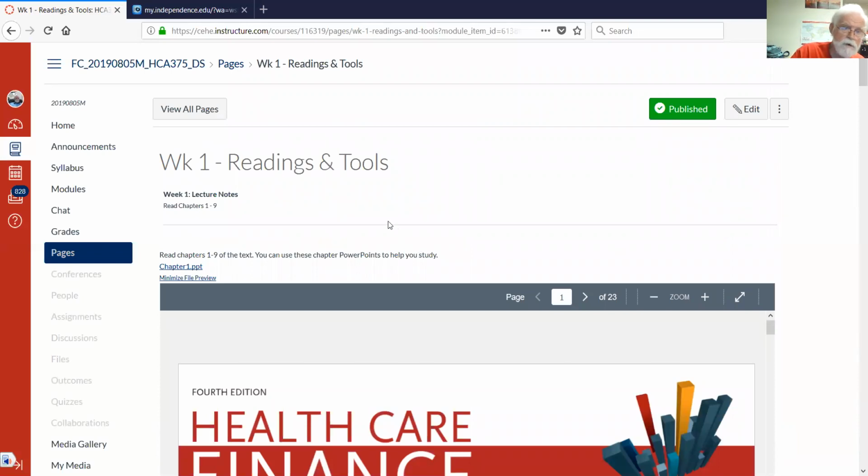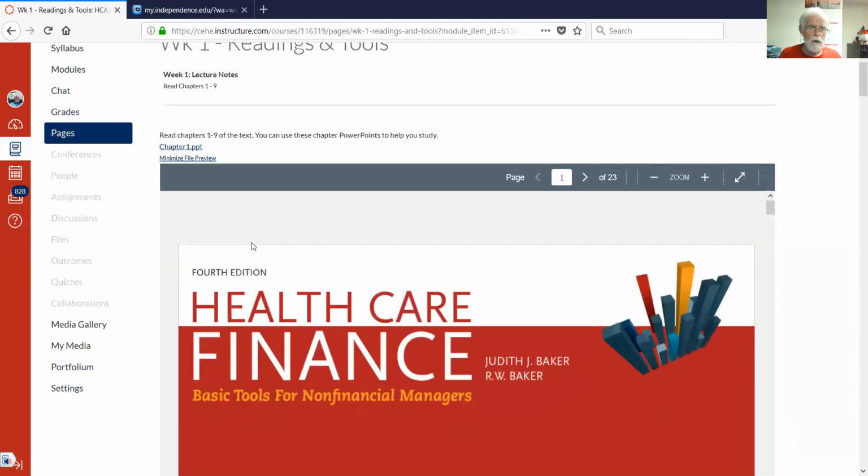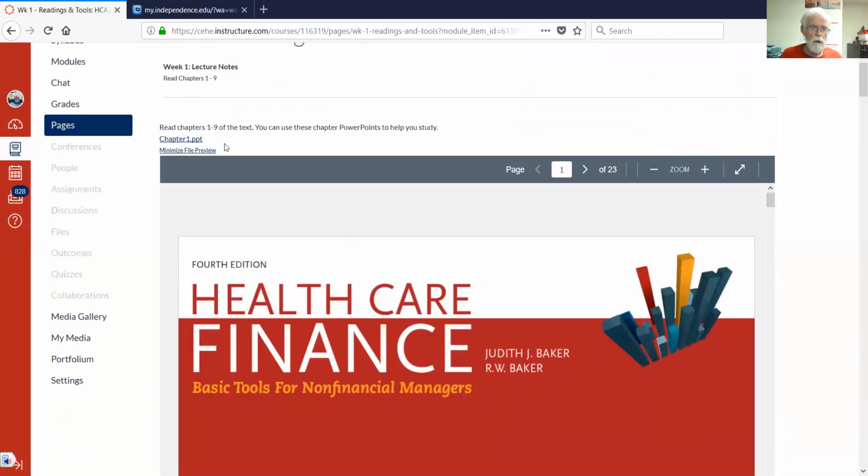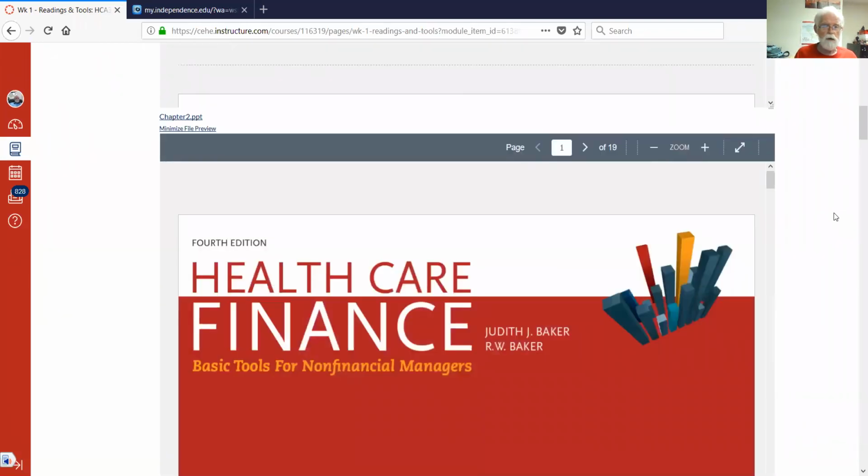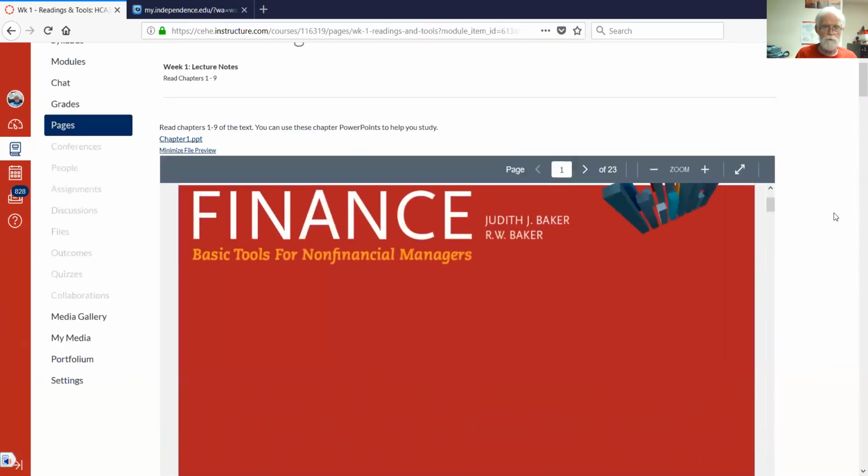What I suggest you do, the readings and tools each week should have a listing of these PowerPoints. If you click on the little PowerPoint icon to the left of the title, it'll open up this preview. And the nice thing is, if you've got a lot of chapters, you can open them all up sequentially and just go through them.